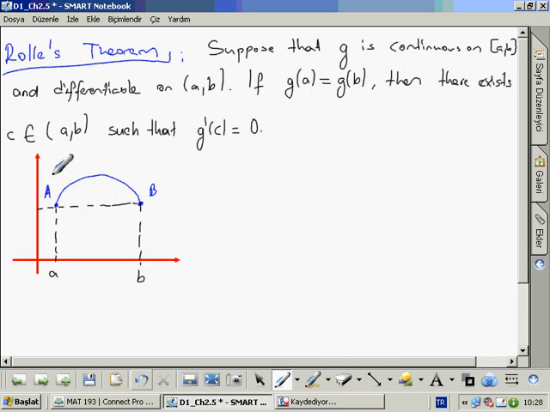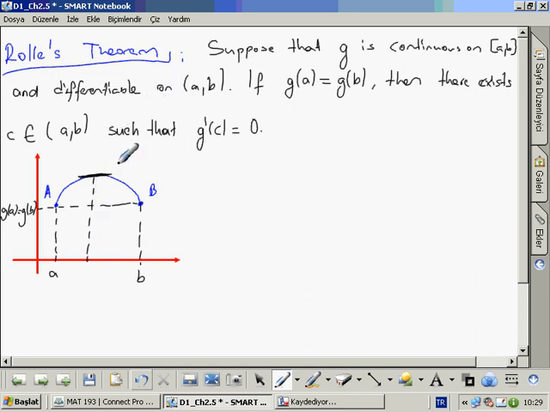A, B, and the g of a equals g of b, as you see. This function must be continuous and differentiable on this interval, and as you see, we can find any c point like that, which is the slope of this line, that will be equal to 0.